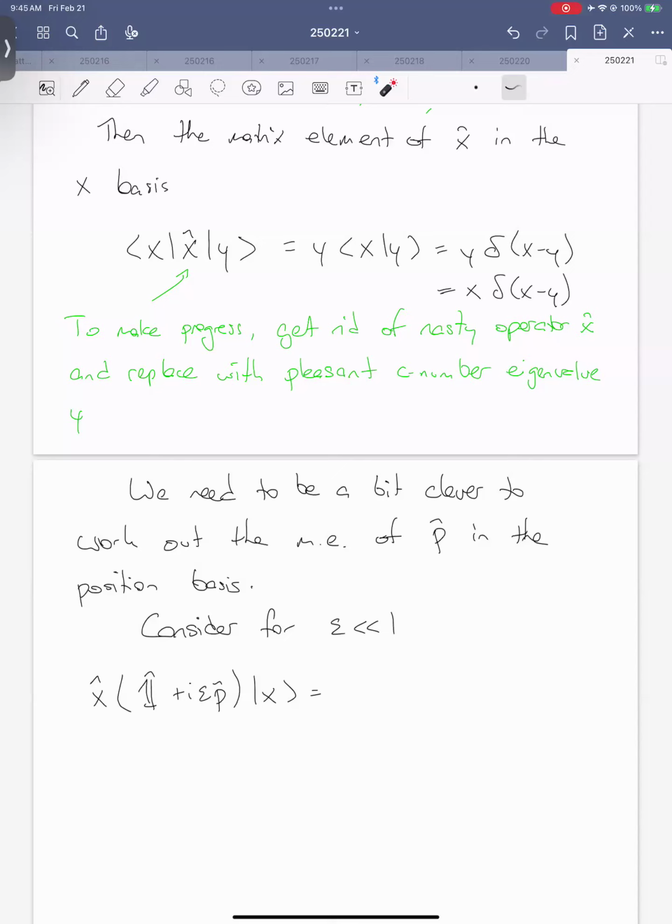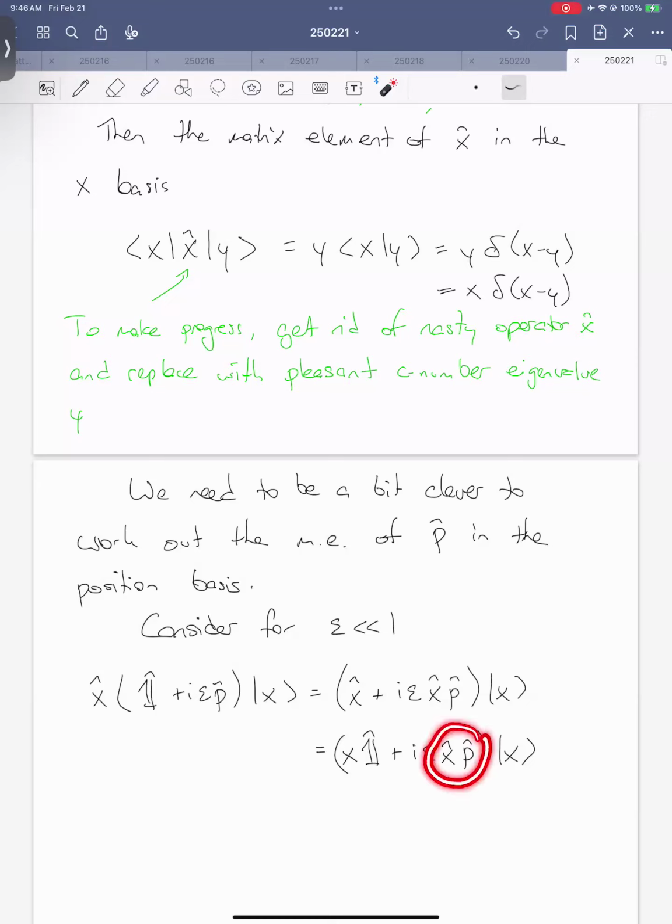So simply taking the x operator acting on the identity becomes the x operator plus i epsilon x operator p operator acting on the x eigenket. And I can simply replace the x operator acting on the x eigenket with the number x multiplying the identity operator plus i epsilon x hat p hat acting on the x eigenket.